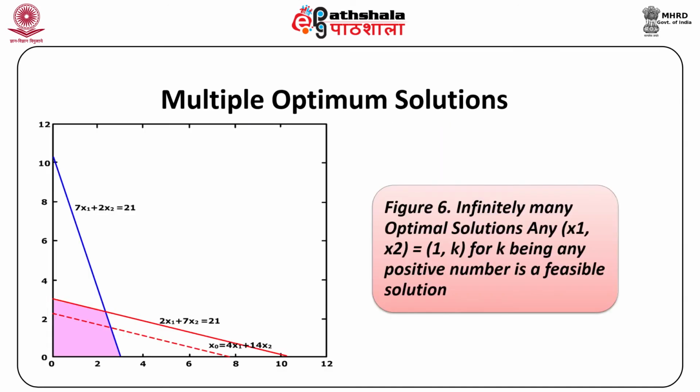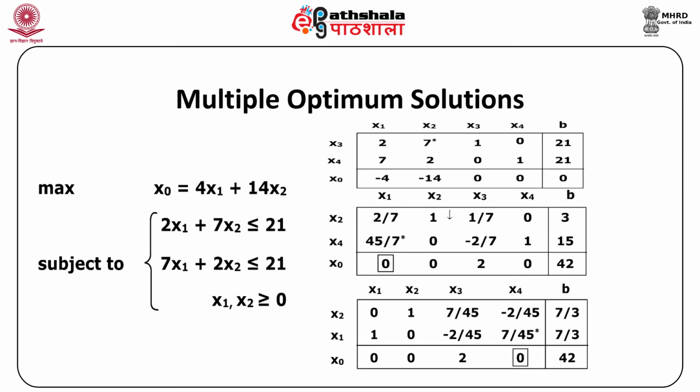The figure shows infinitely many optimal solutions. Consider maximize x0 = 4x1 + 14x2, subject to 2x1 + 7x2 <= 21, 7x1 + 2x2 <= 21, x1, x2 >= 0.